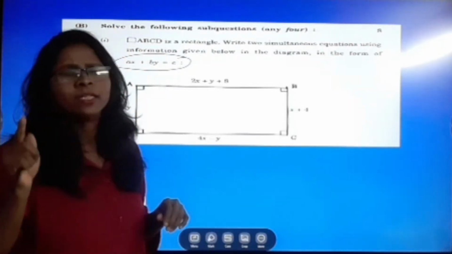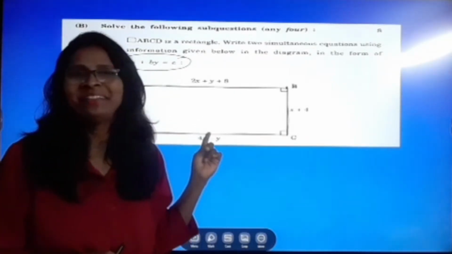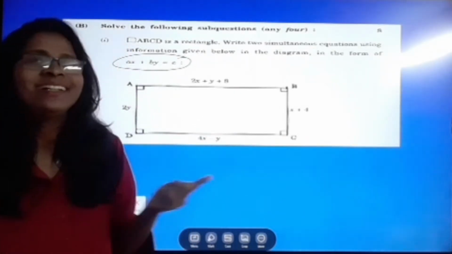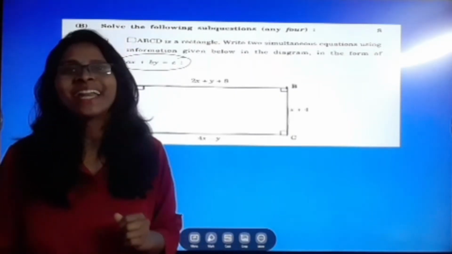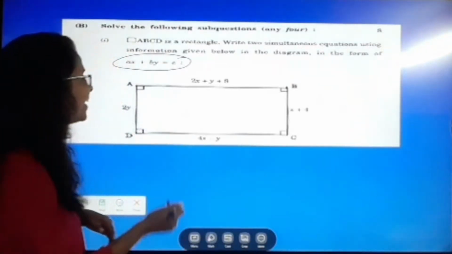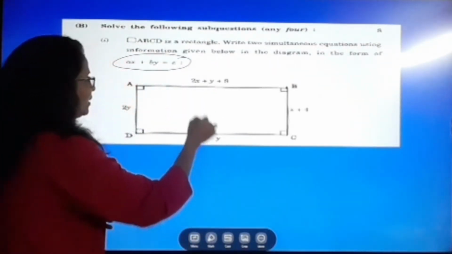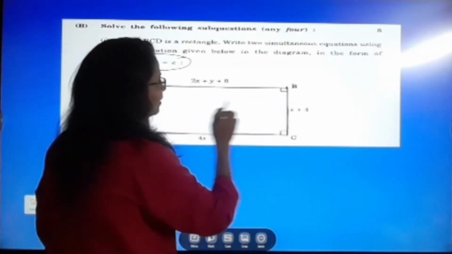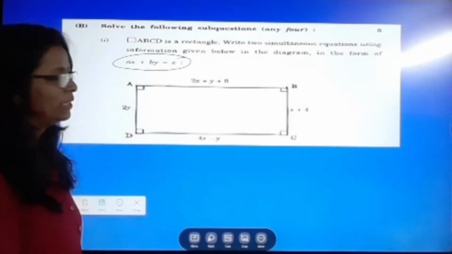So that's why here geometry comes, students. We know about the property of the rectangle. That property of the rectangle says that opposite sides of the rectangle are congruent. Okay, so I write down this property first.